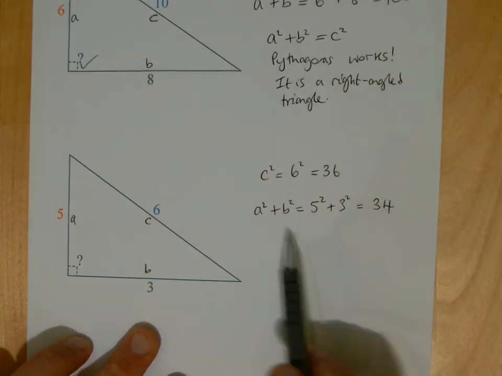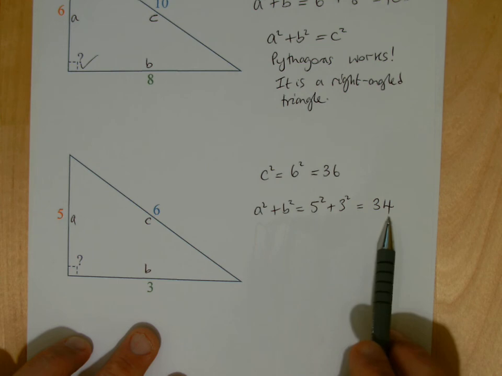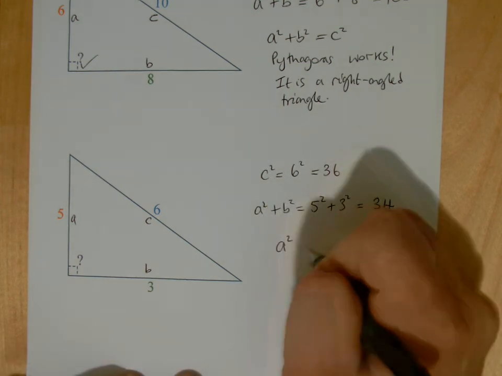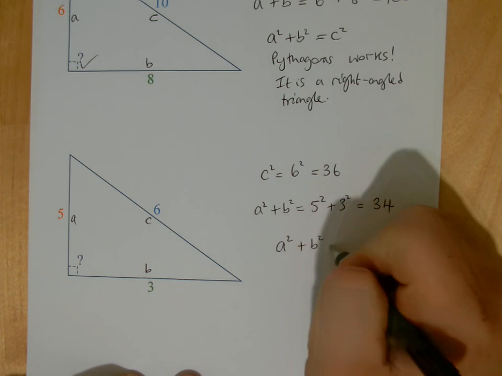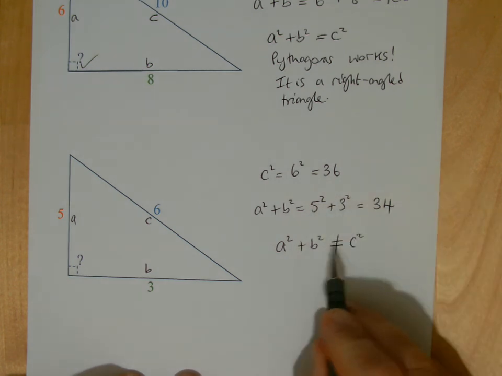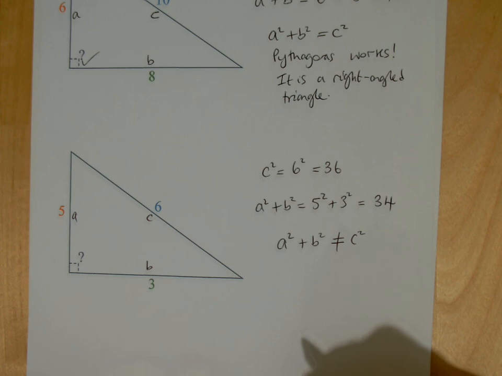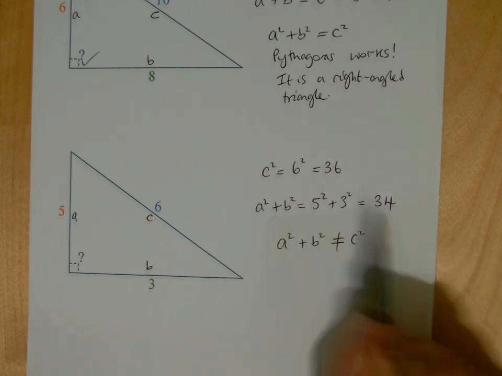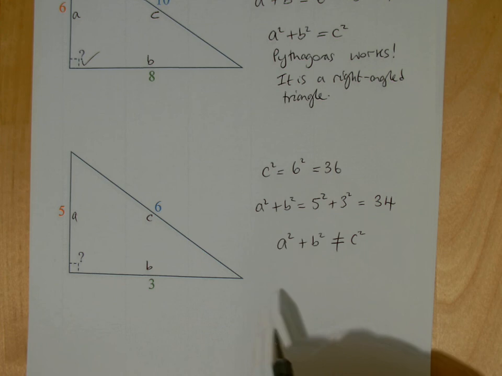Now in this case, notice A squared plus B squared is 34, but C squared is 36. So in other words, A squared plus B squared is not equal to C squared. That symbol there means not equal, an equal sign with a line through it. They're not equal, because A squared plus B squared is 34 and C squared is 36.